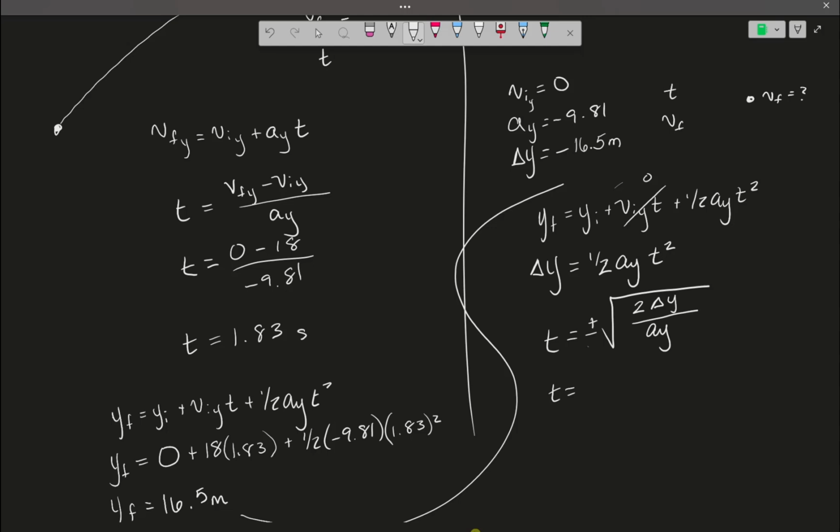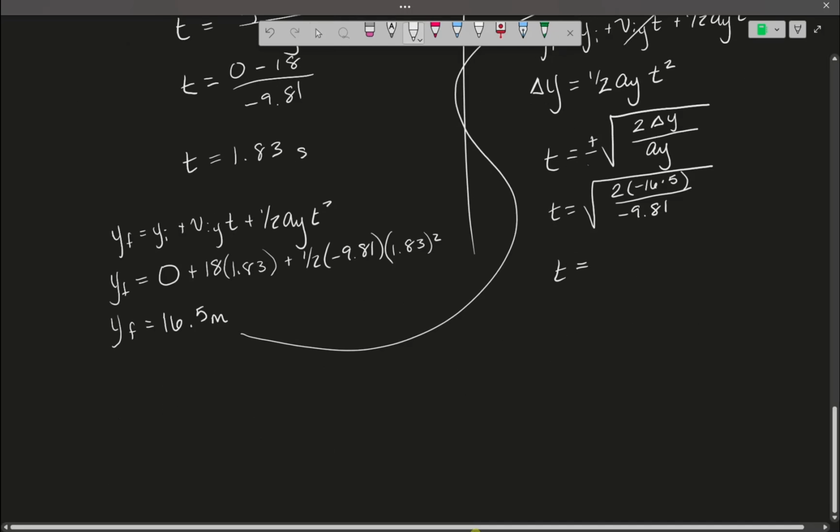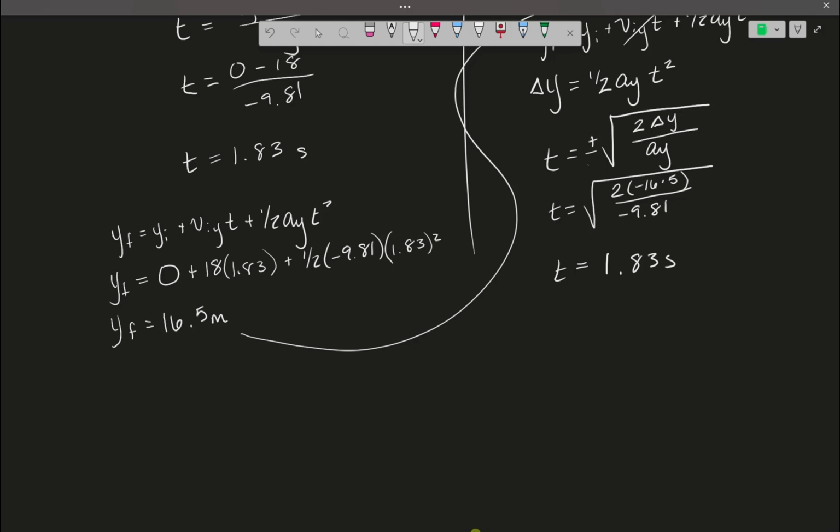Time can't be negative, so it has to be positive, so this will be the square root of 2 times negative 16.5 divided by negative 9.81, and we get that our time is going to be equal to, you guessed it, 1.83 seconds. So the total time that this object is in the air is going to be 3.66 seconds.